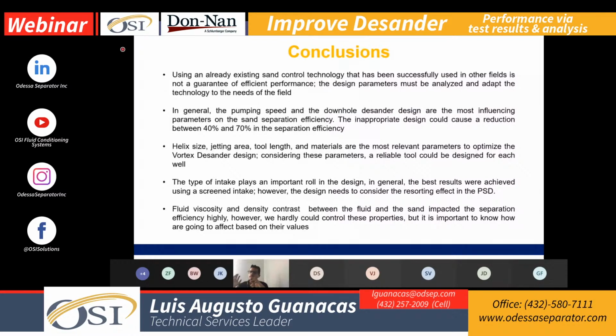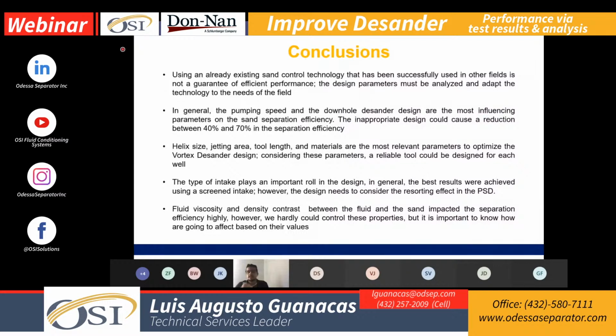When you use the wrong design, or you choose a really inappropriate design, you can lose between 40 and 70% of the separation efficiency, or in the worst case, you can reduce the run life of your pump. So that's really important to know.